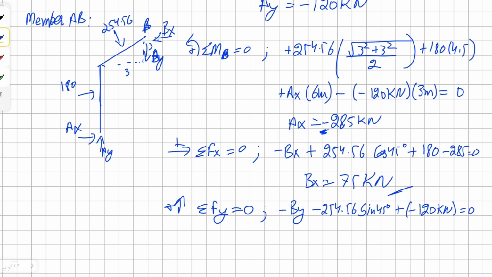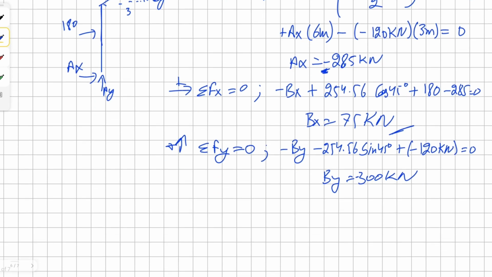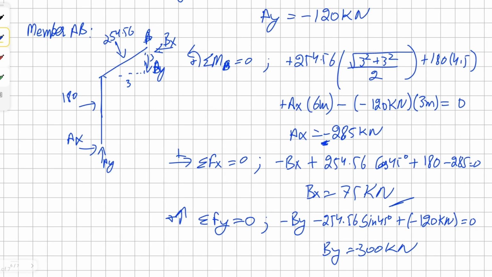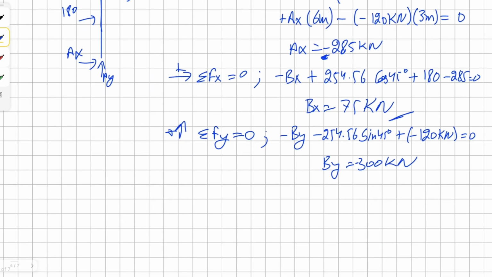So solving this, we get negative 300 kilonewton. That again is because we took the wrong assumption. Otherwise, it would have been the other way. But that's not an issue. Let's continue. Okay, now that we got everything for this section, we can jump over to the next section.